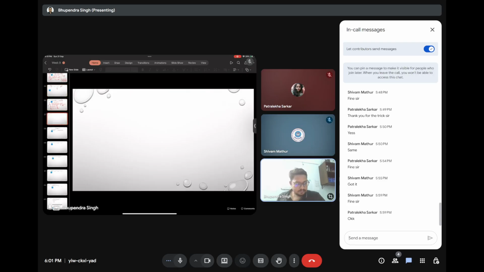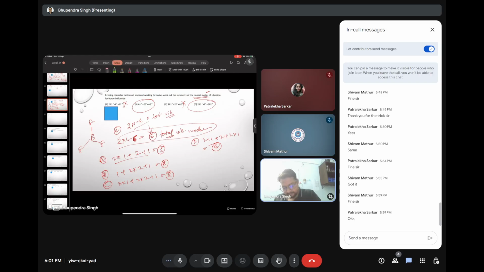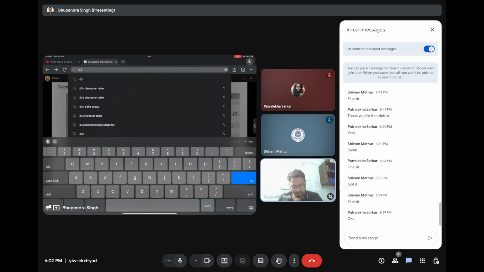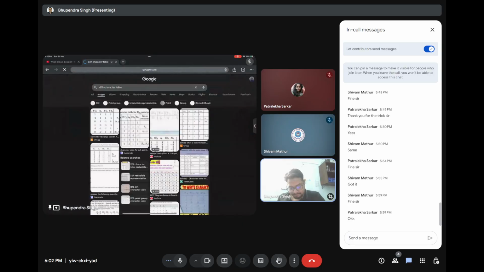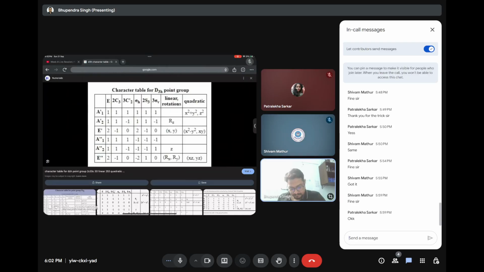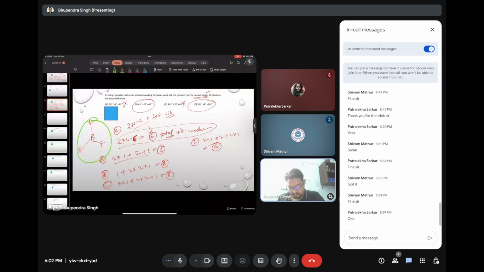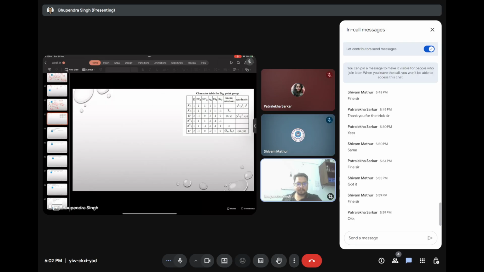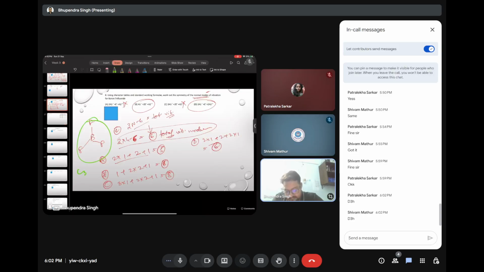So tell me, what is the point group of BF3? D3h, yes, because C3 is present and C3 is perpendicular to C2, and these are in the plane, so sigma h is also present. So D3h.